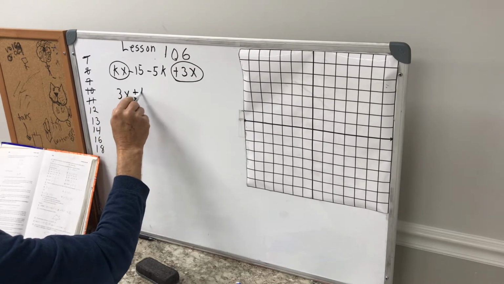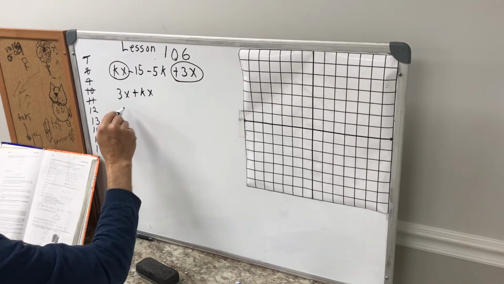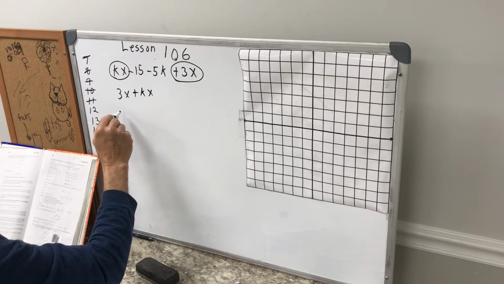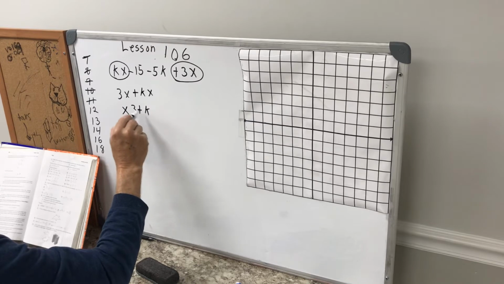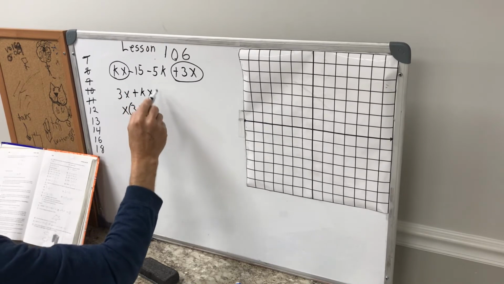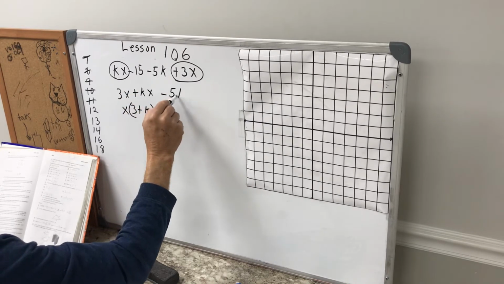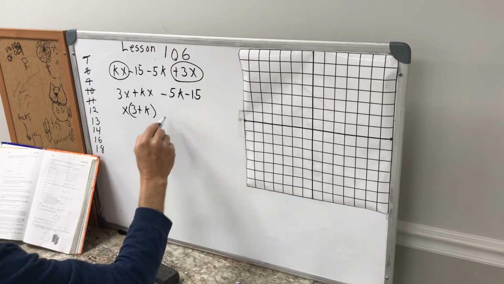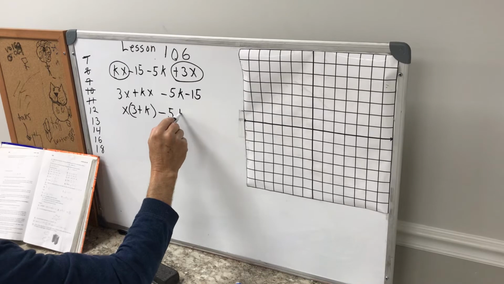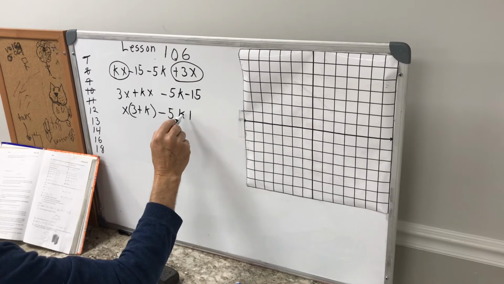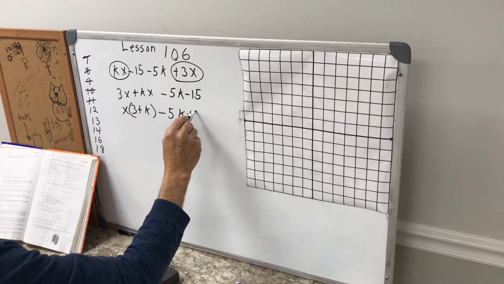3x plus kx. If we take the x out of this, we're going to end up with 3 plus k. And here, if we rewrite negative 5k negative 15, if I take a negative 5 out of this, I end up with k plus 3.